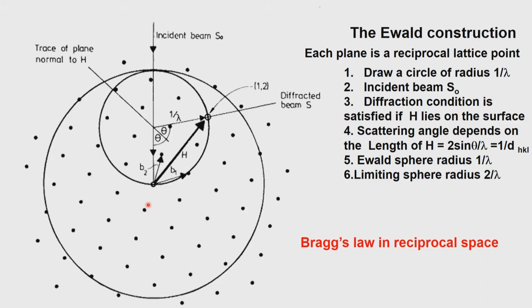All those reciprocal lattice points which lie within the 2 divided by lambda have a chance to intersect with the Ewald sphere, which has a radius of 1 divided by lambda. So, the radius of the limiting sphere is 2 divided by lambda. The reciprocal lattice points which lie within that sphere have a chance when the rotation takes place: the 360 degree rotation of the crystal will bring all these points within the limiting sphere to intersect with the Ewald sphere. And whenever there is an intersection with the Ewald sphere, you get diffraction.